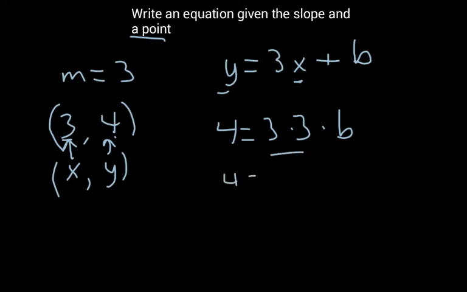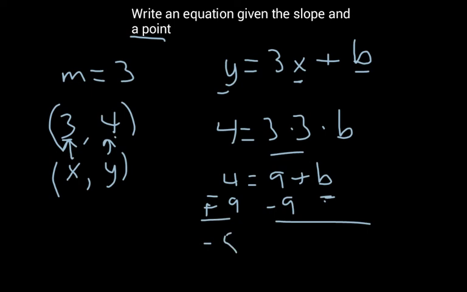It'd be 4 equals 9 plus b. We want to get b all by itself because we want to figure out what number is equal to b, and then we can put it in right up here. So we're going to subtract 9 from both sides. And we'll make this plus -9, which gives us -5. And that's the value for b.